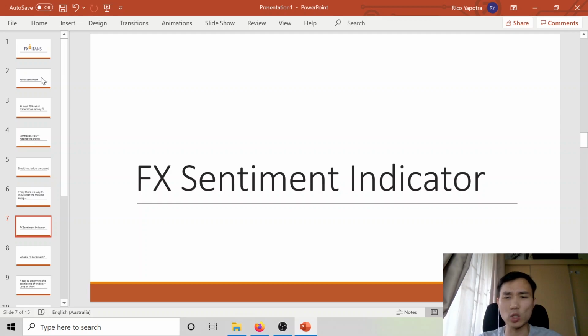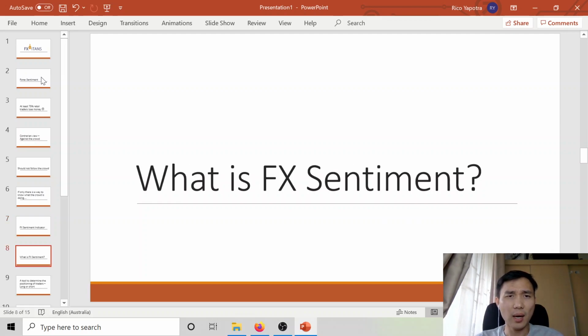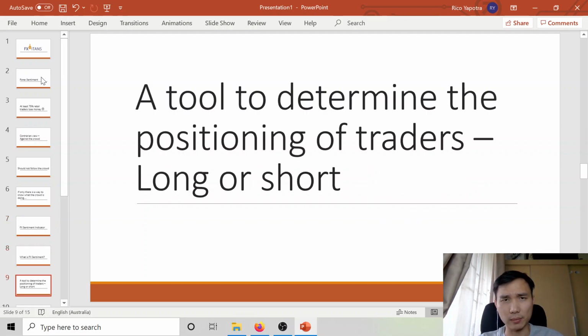So what is FX sentiment? It's a tool to determine the positioning of traders. You can see, in particular in euro US dollar, whether the majority of traders are buying or selling the pair. So you can see what others are doing.